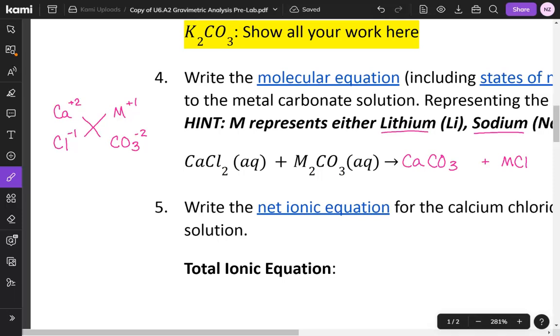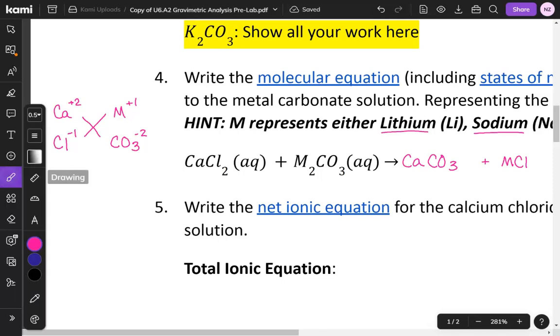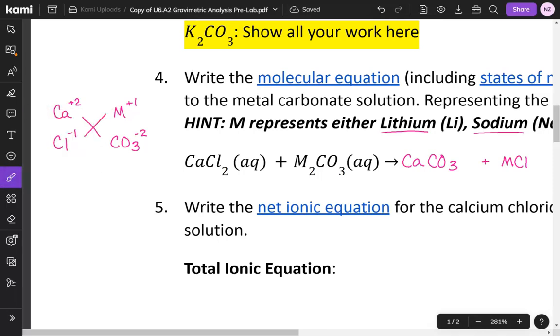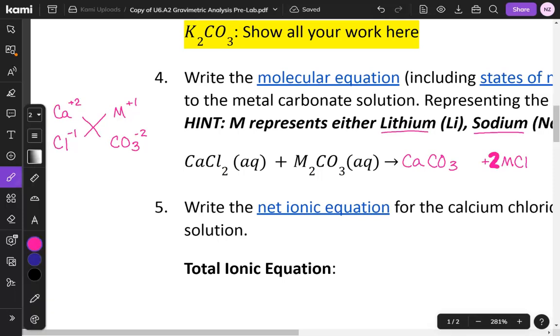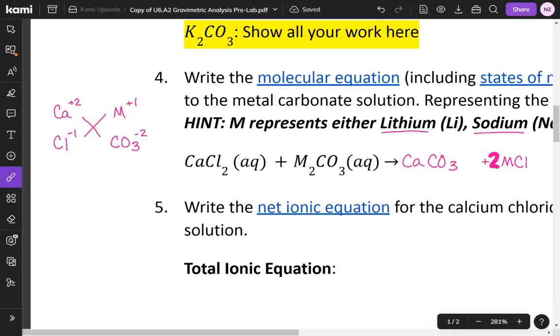We want to make sure we balance this. The only thing we need to do to balance this is to add a 2 in front of our MCl, because I have 2 of my metals on the left side, and I have 2 of my chlorines on the left side. So I just need to throw a 2 in front right there to balance that.